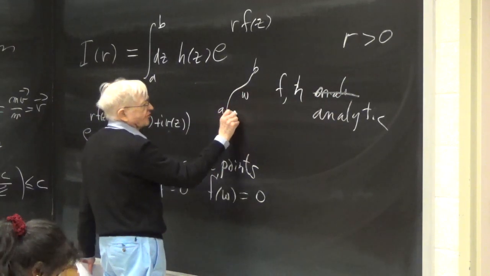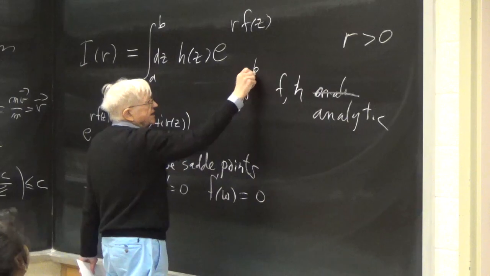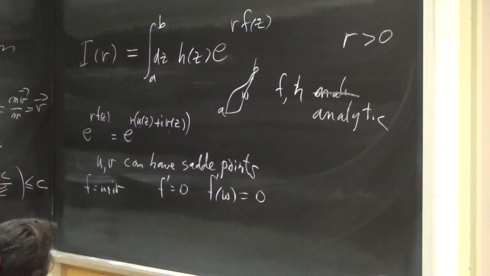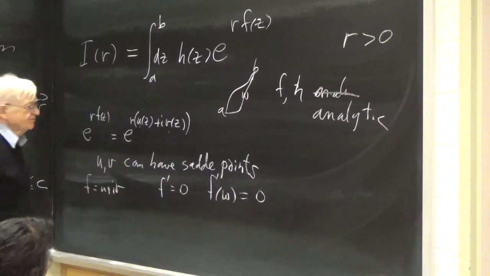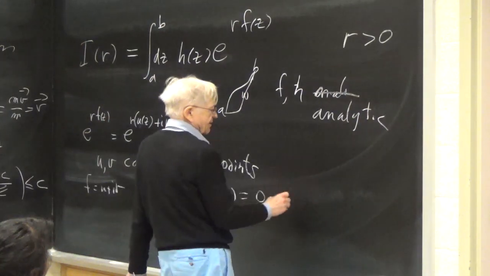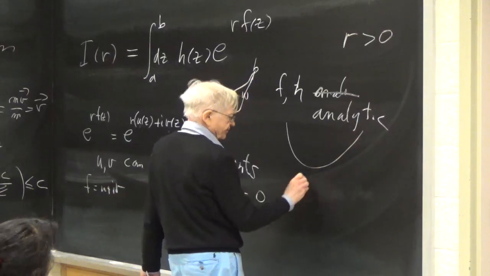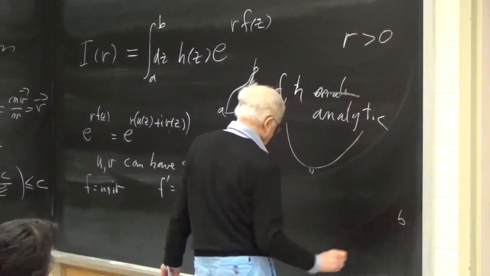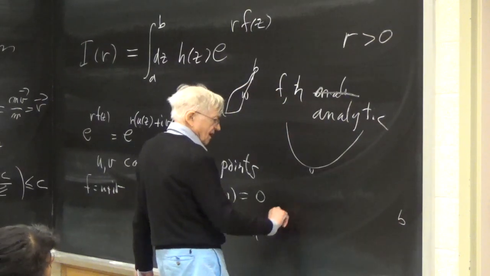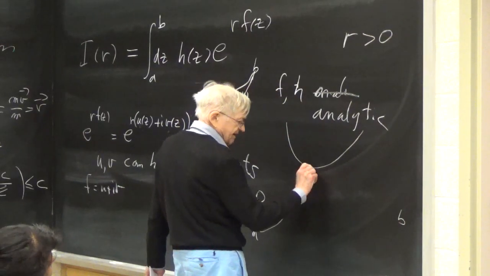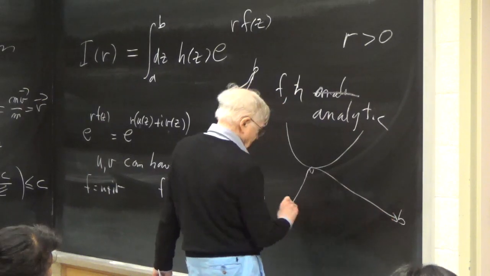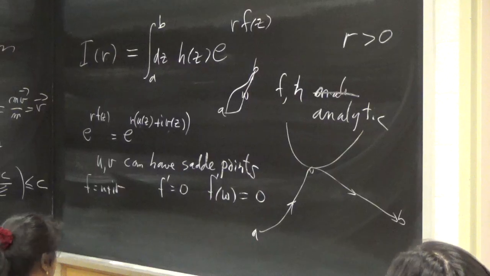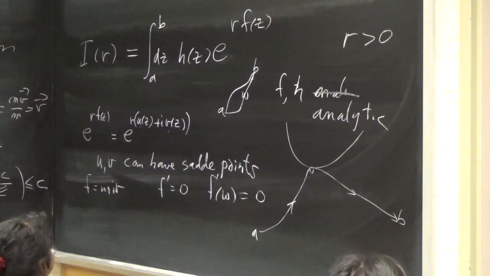And so we're going to go through W, from A through W to B. And the idea is that if we look around at W, here's W, and then over here is A, over there is B, and so we're going to go like that. So that's the basic idea of the path of integration.